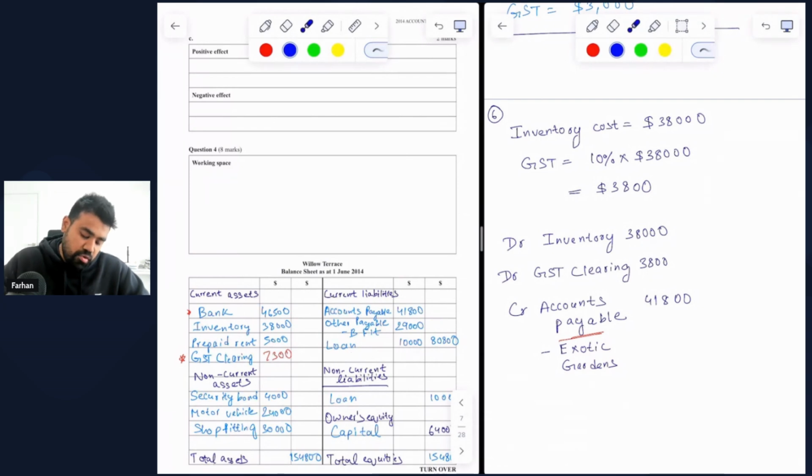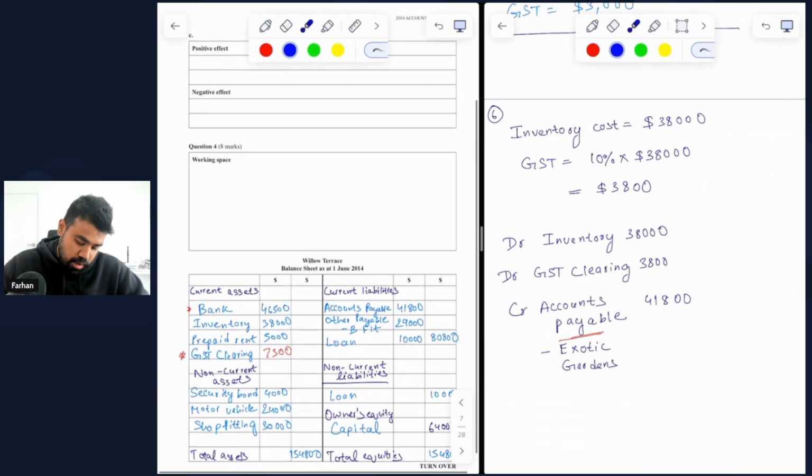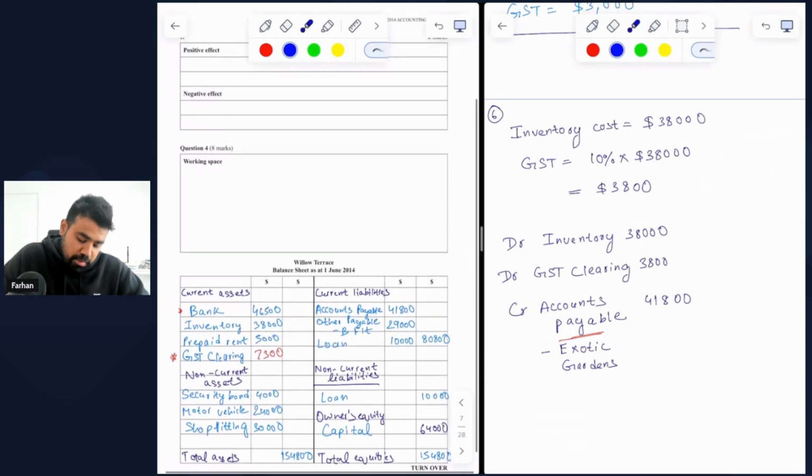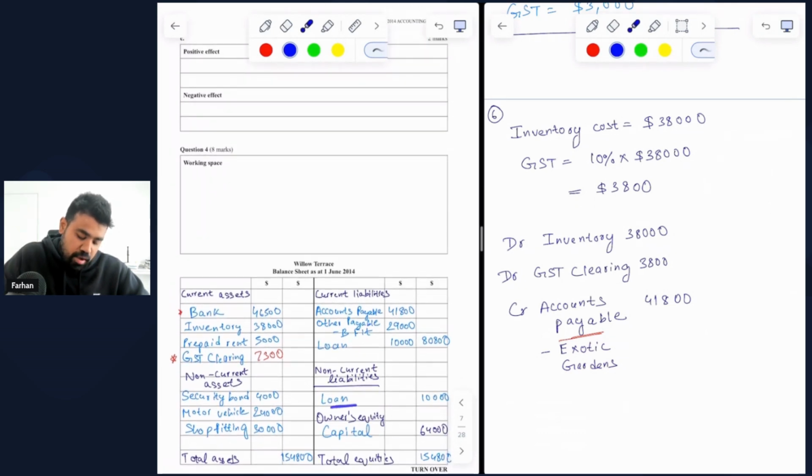And altogether, these three added up gives me 80,800 as the total of current liabilities. Then we have the non-current liabilities section, and we have the loan repayment from month 13 to month 24, and that is $10,000. And under the owner's equity, we have total capital of $64,000.